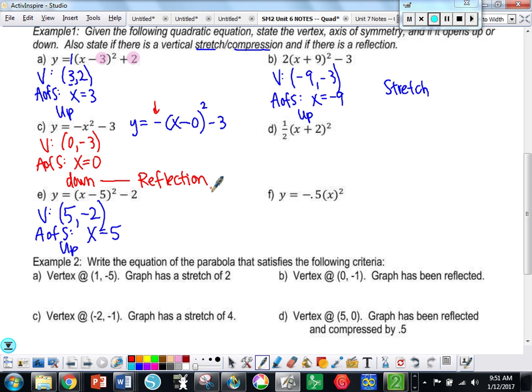Let's rewrite now part D in vertex form. What would it be? Y equals what? 1/2 (x plus 2) squared plus 0. Good. On your own, finish it off. Vertex, axis of symmetry, reflection, opening down, compression, stretch, everything.